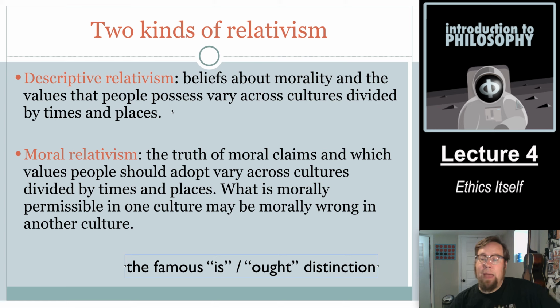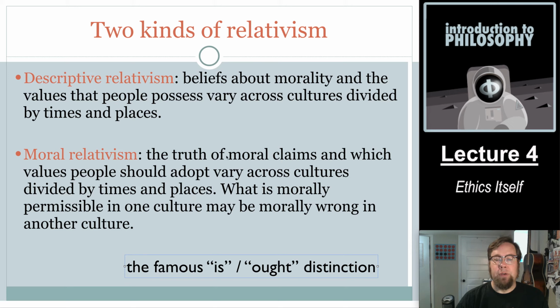It's saying that as a matter of fact, societies have all sorts of different beliefs about morality. Moral relativism is making an extra step in making a claim about what ought to be the case. It is saying that what ought to be the case is determined by what people believe in their societies.